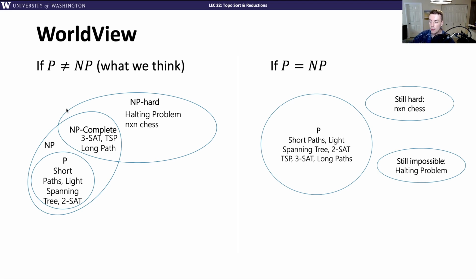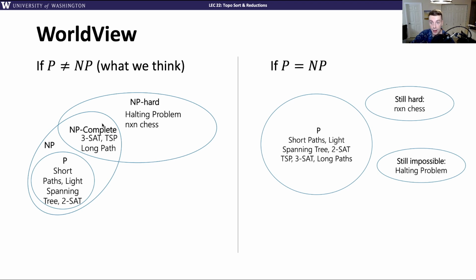And then we have these problems NP-hard, which are the really hard problems. Some of them might be in NP. The intersection of NP and NP-hard is NP-complete, the hardest problems in NP. And NP-hard is all these problems that are harder than all the problems in NP, including this chess and this halting problem.